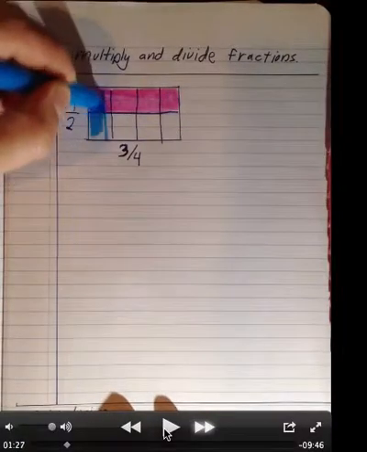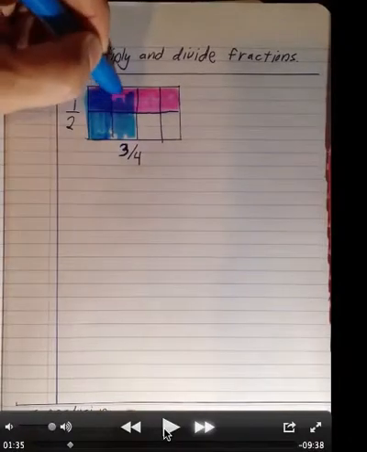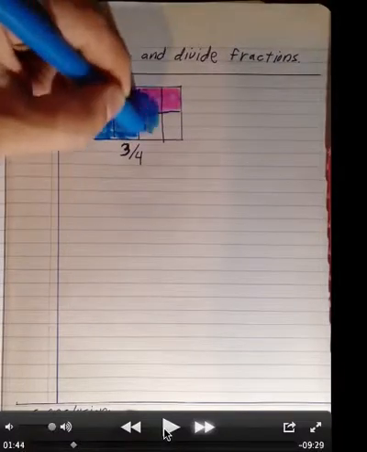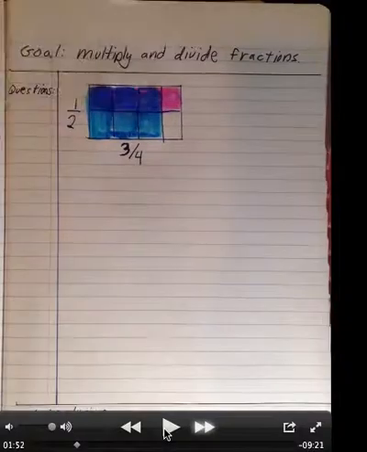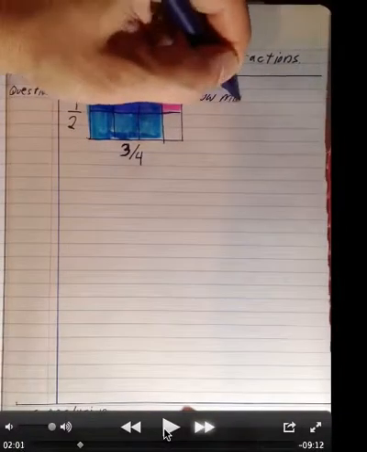This picture is going to represent 1/2 times 3/4. The parts that are shaded in both pink and blue are the product of 1/2 times 3/4.